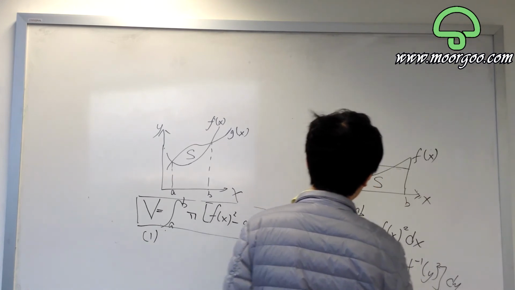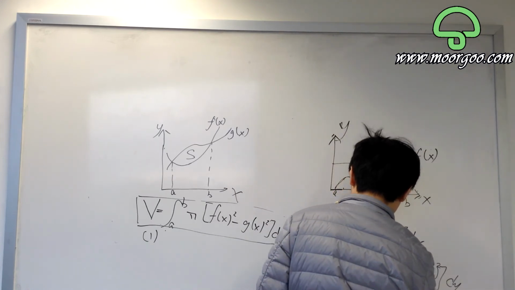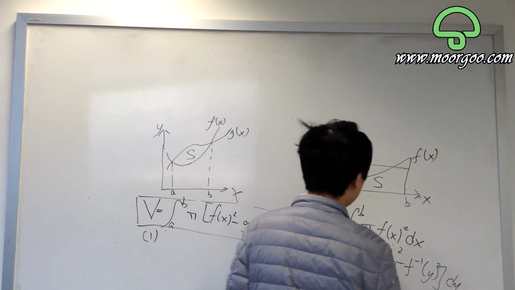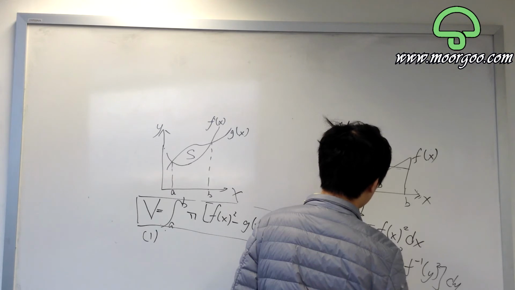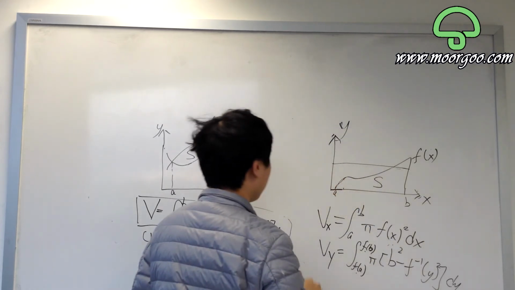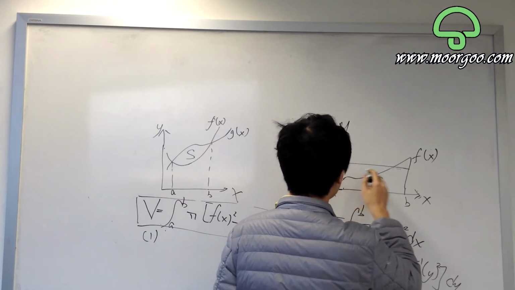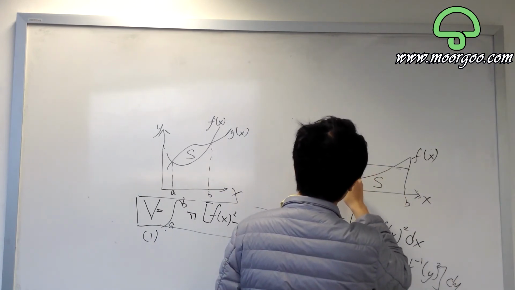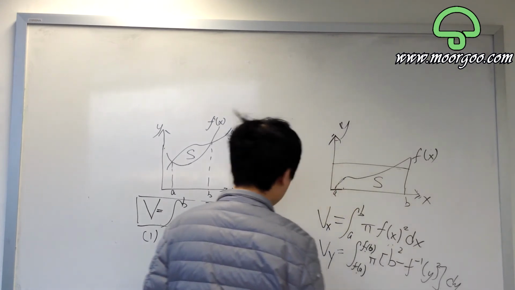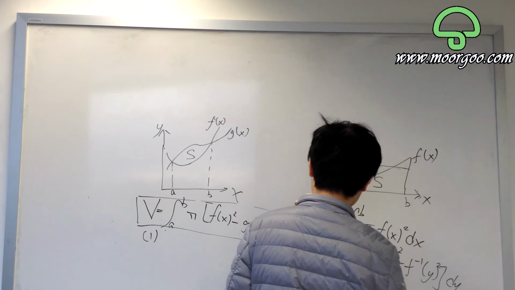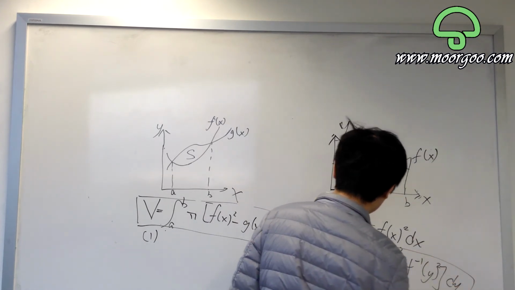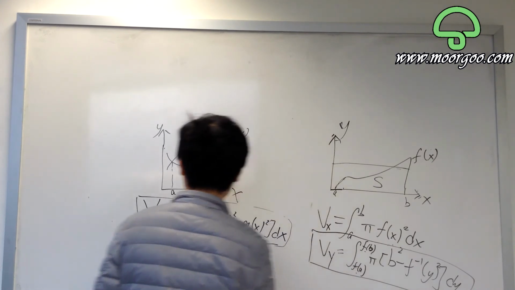And remember the limits are not a and b. It was my bad. The limits are f of a and f of b because we're integrating with respect to y, not x. You can also have this formula down on your cheat sheet.